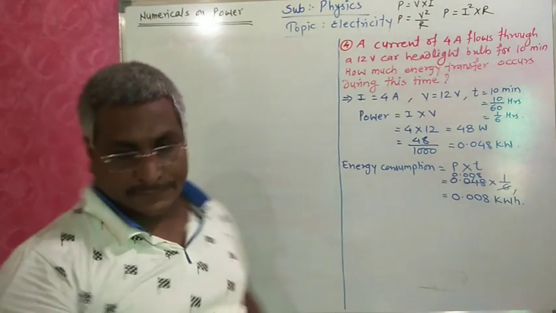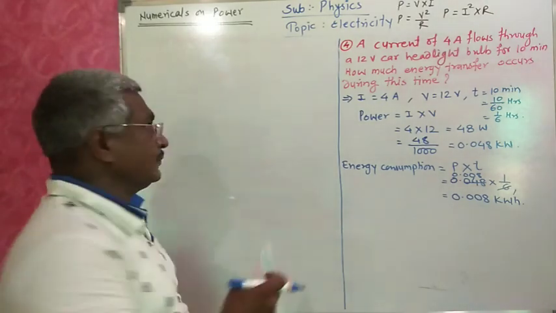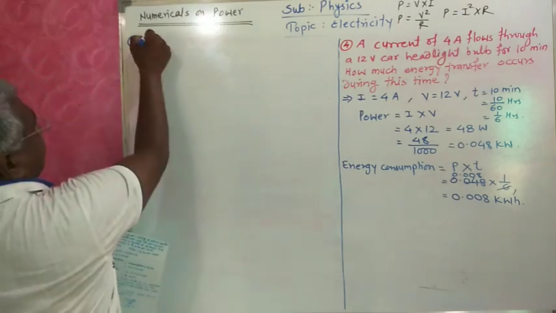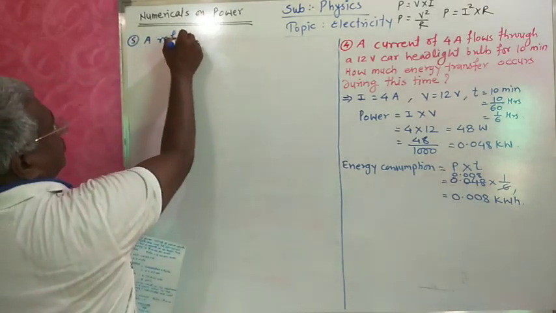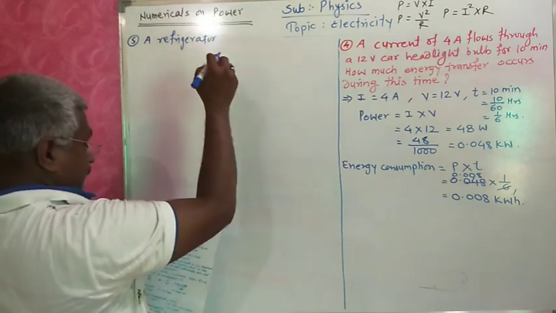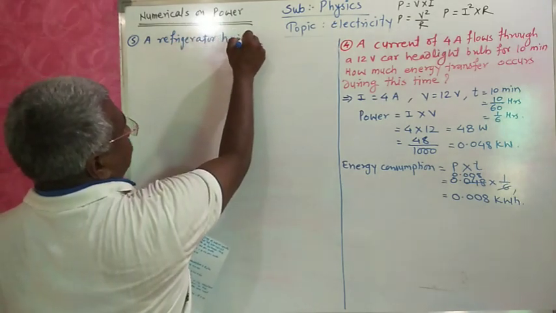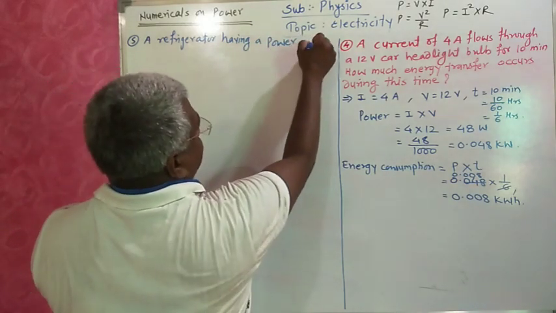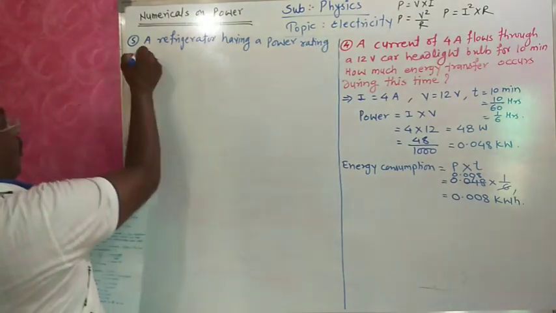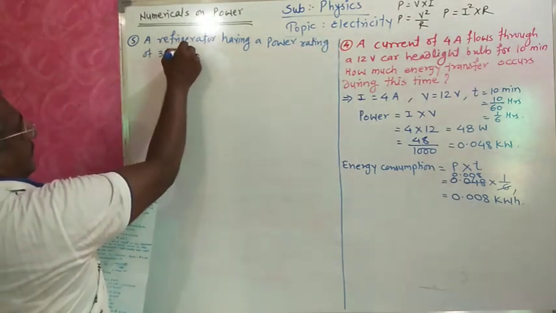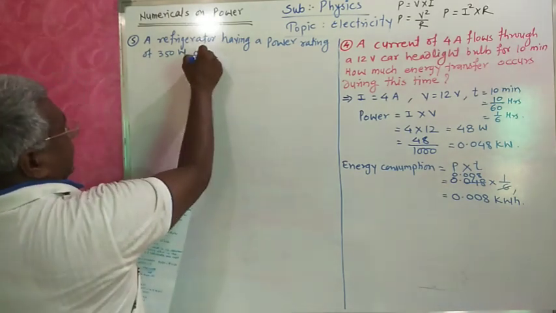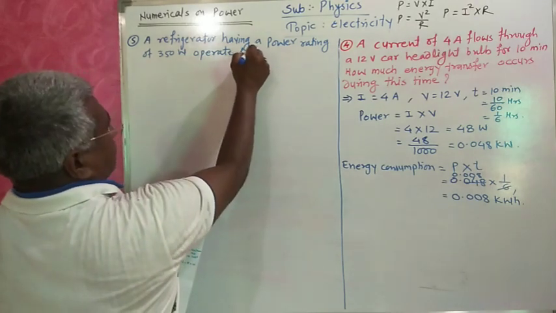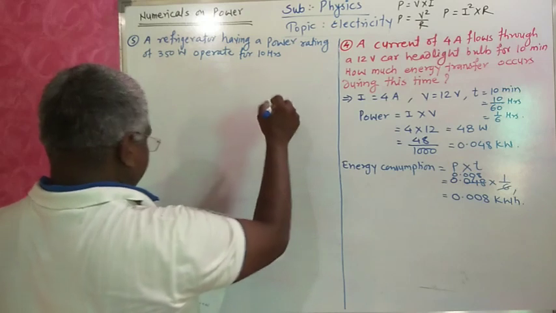So next question is the fifth question. A refrigerator having a power rating of 350 watt operates for 10 hours a day.